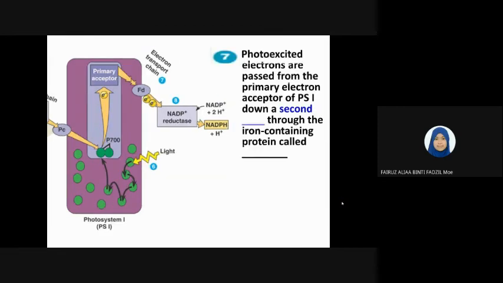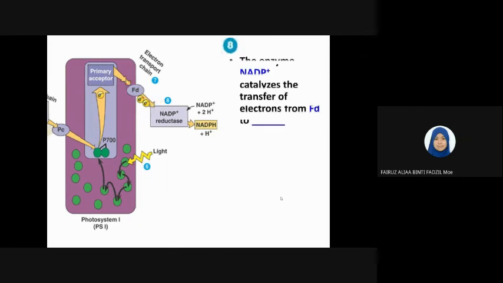The photoexcited electrons are passed from the primary electron acceptor of PS1 down a second ETC through the iron-containing protein called ferredoxin. This chain does not produce ATP. Okay, what is the name of the enzyme?